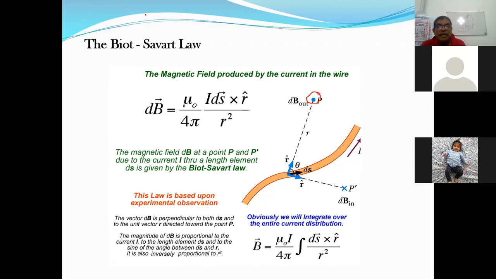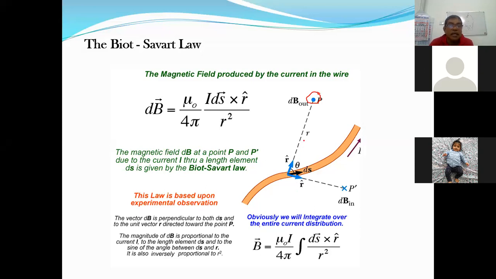Now we are going to represent this as a vector representation. Earlier it was a normal representation using symbols. Here we take ds as the small element along the current carrying conductor, so we have I ds, the small segment.